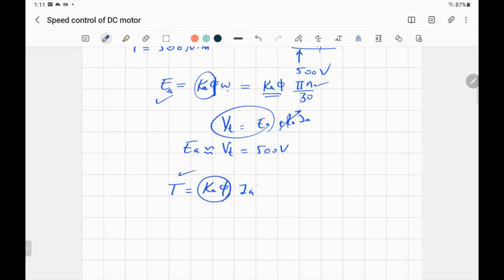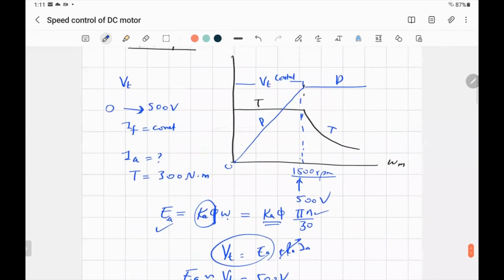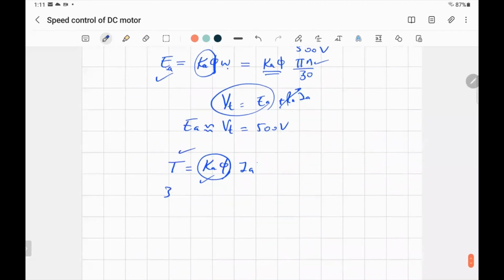They don't give me the armature resistance, which means ignore it. So make EA equal to VT, get Ka phi, put it in the torque equation, because you want the torque to be constant at 300 Newton meter, and then you can get IA, the armature current that will support this torque.